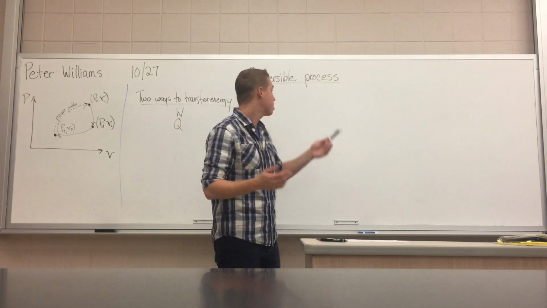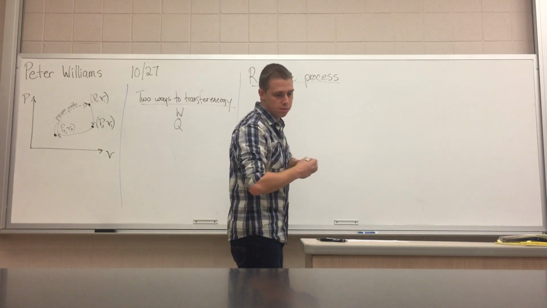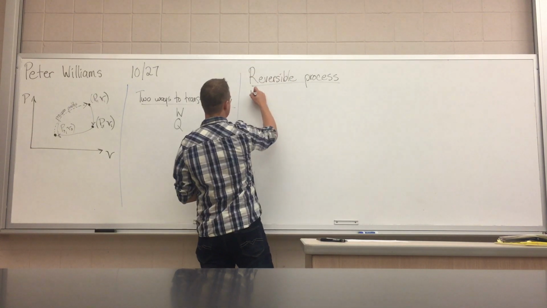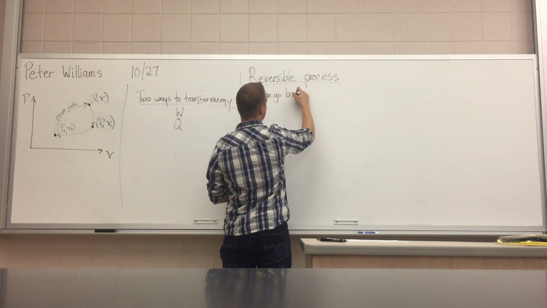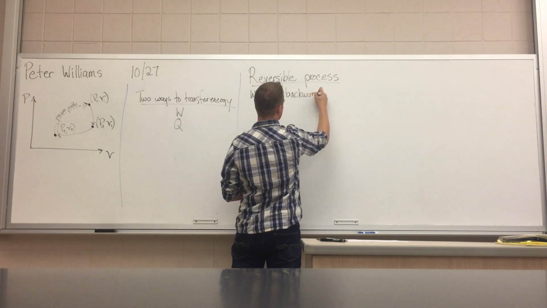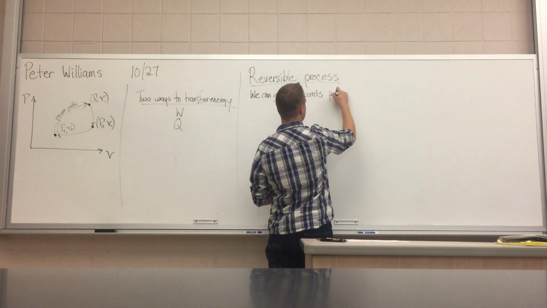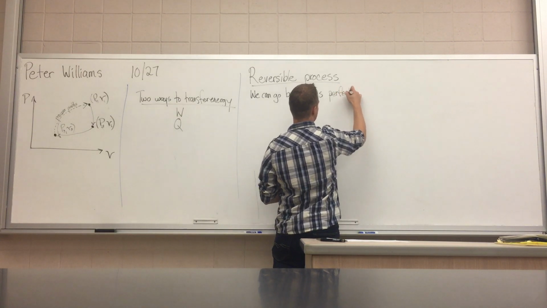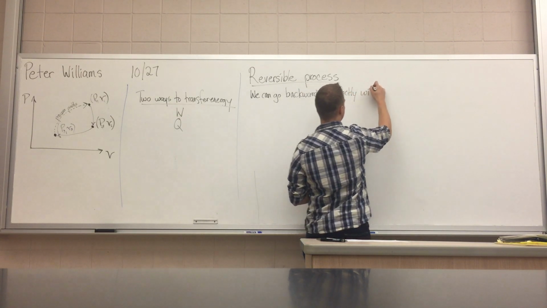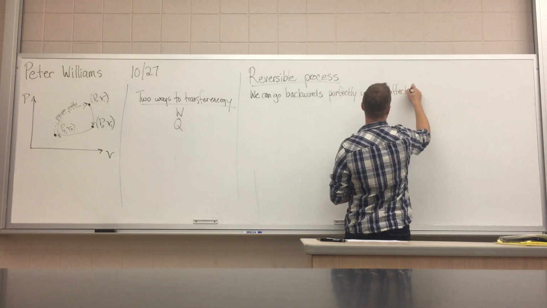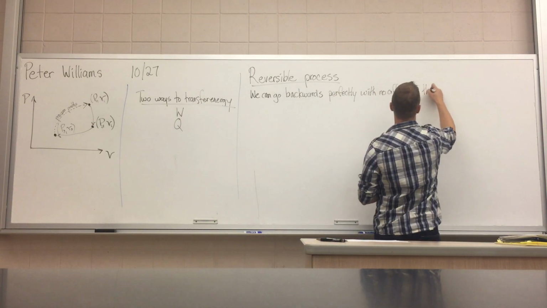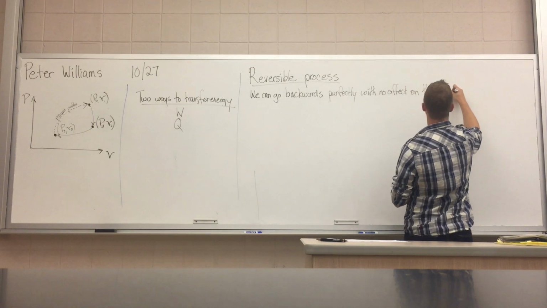Now, but this can be anything, this is general. So a reversible process means that we can go backwards perfectly with no effect on the surroundings.